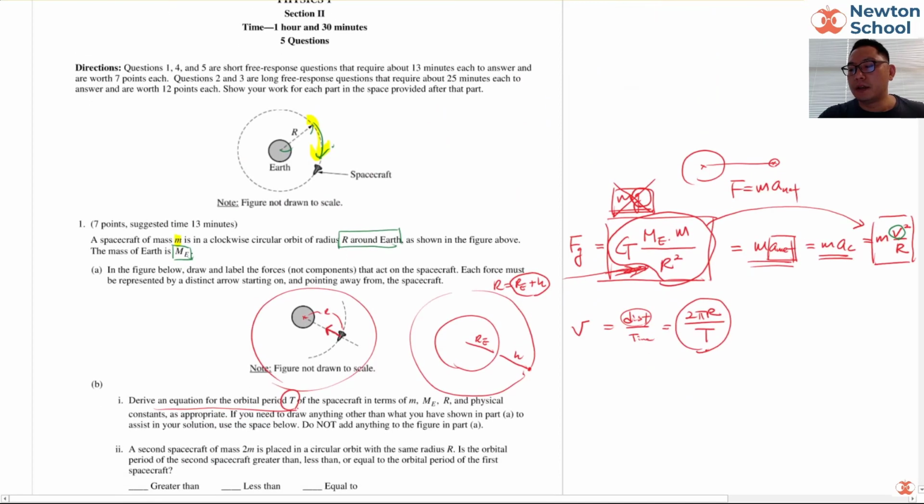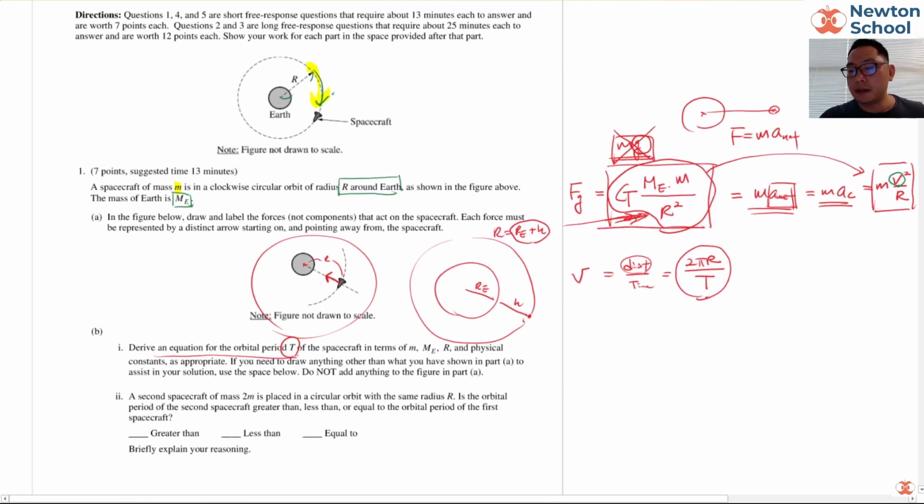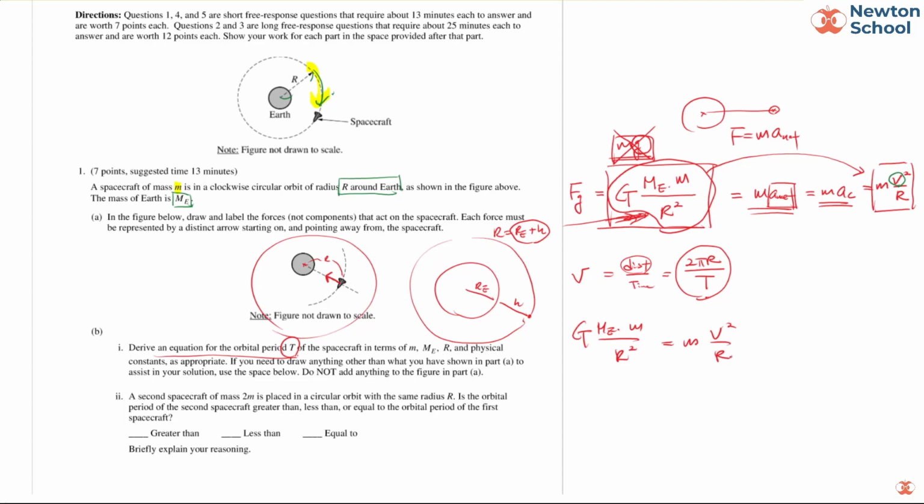Let's solve it now. So you get G M_E m over r squared equals m v squared over r. I'm not going to plug it in right now because this is a little too messy, so let me simplify first.